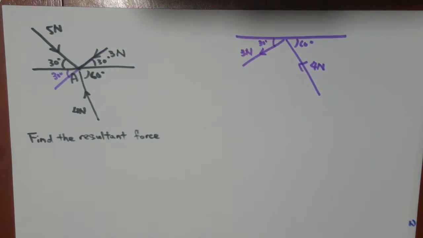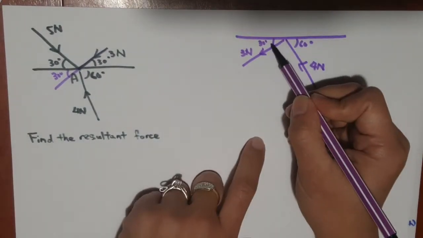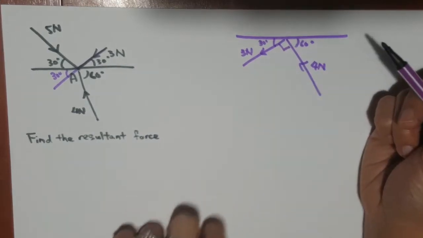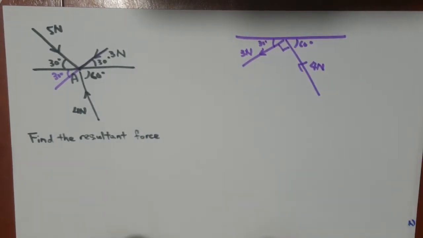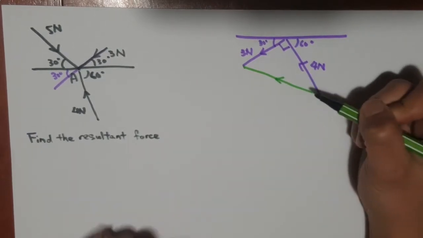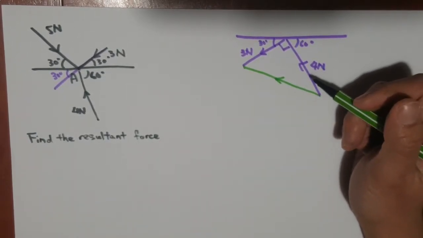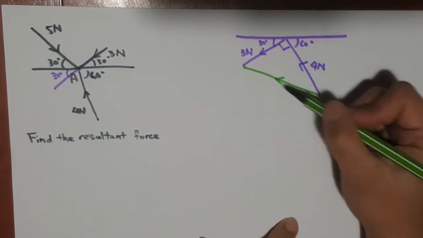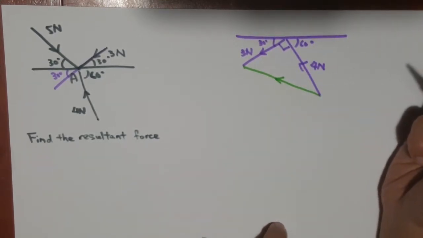So looking at this, I know that this is 30 and this is 60, and that gives me a right angle triangle. If I want to find the resultant vector, I know that the resultant vector will be this over here. So I need to use the Pythagoras Theorem.